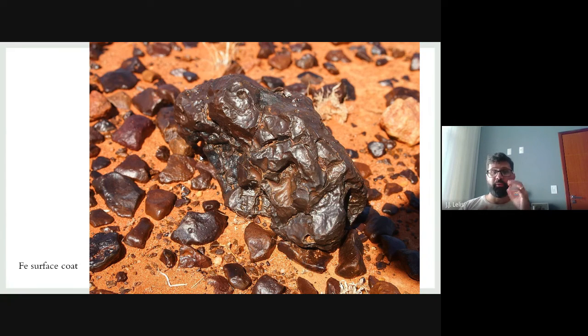Okay, so this kind of surface coating is quite related to dry climate conditions. If you see this, you should know we now have dry conditions, or in the past, when this material that is now buried was formed, we had dry conditions or even drier conditions than today.